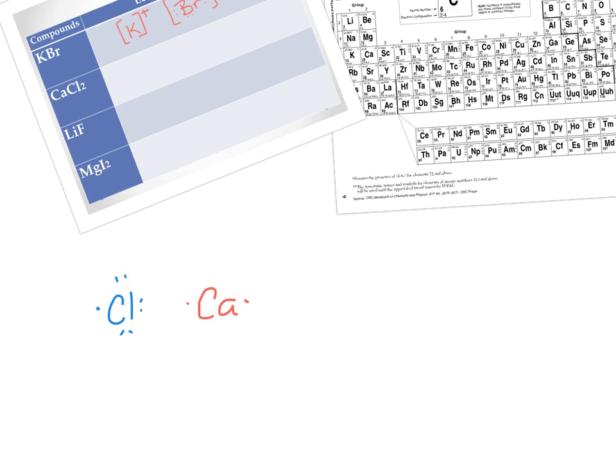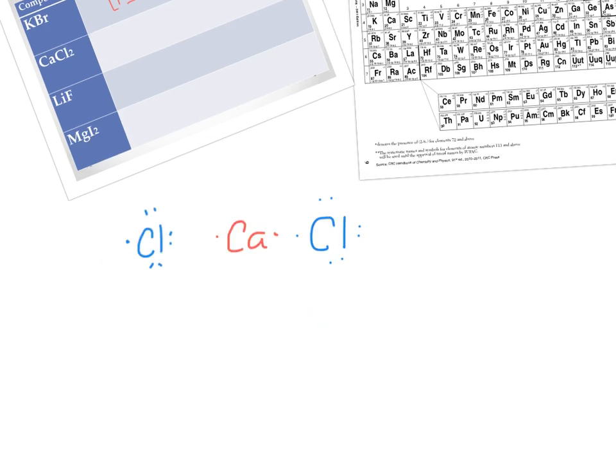But there are 2 chlorines, as we see from this compound. So we need to do another chlorine over here. 1, 2, 3, 4, 5, 6, 7. Okay.